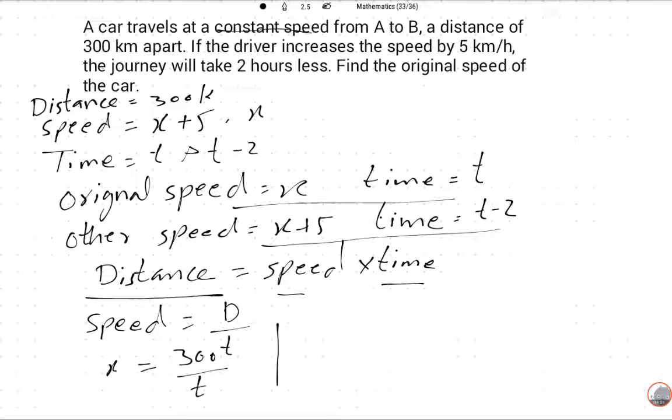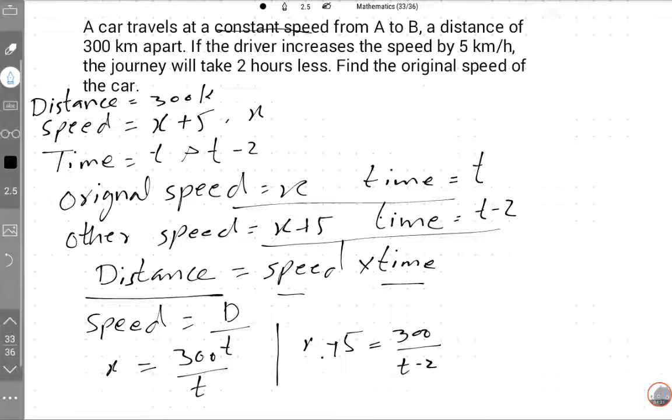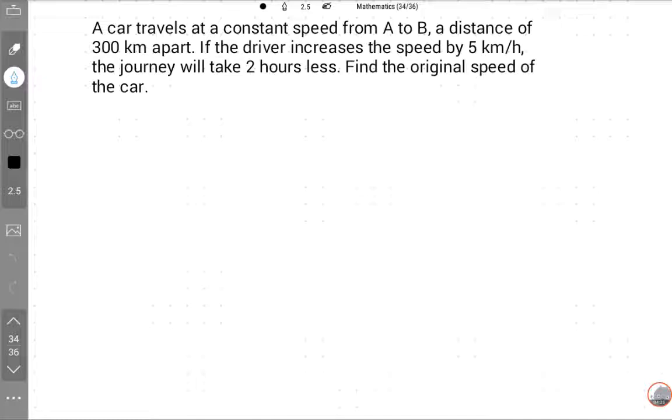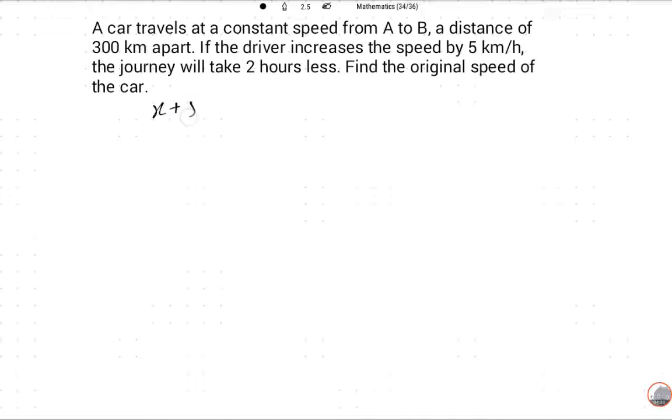Similarly, speed x plus 5 is equal to 300 upon t minus 2.